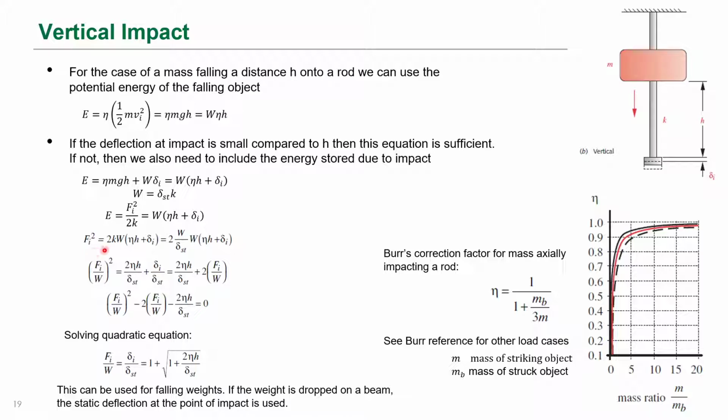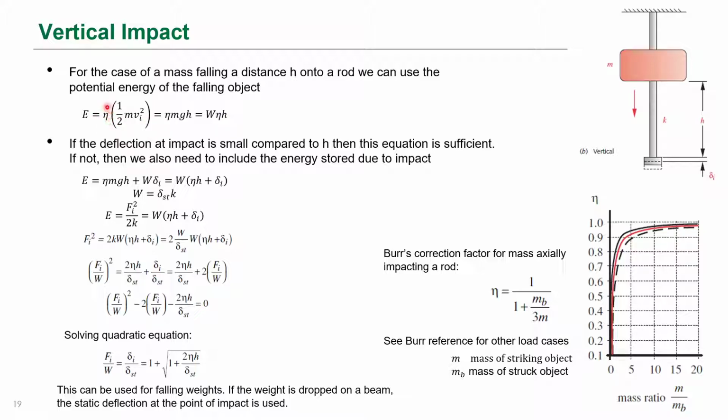Now, if we have a vertical impact due to, say, a mass falling some distance h, then we can still use the potential energy of the falling object. In this case, that kinetic energy is actually equal to the potential energy for that falling object, which we can represent here.